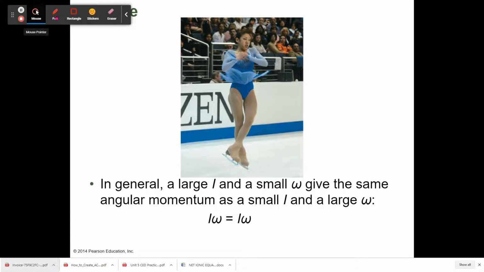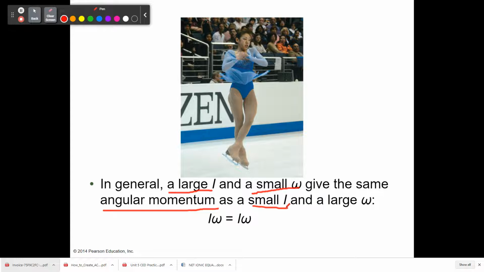In general, if you have a large moment of inertia, you will have a small angular speed. A small angular speed with a large moment of inertia gives the same angular momentum as a small moment of inertia with a large angular speed.